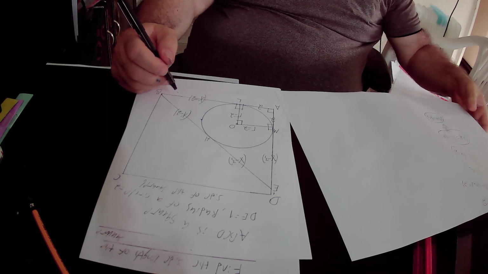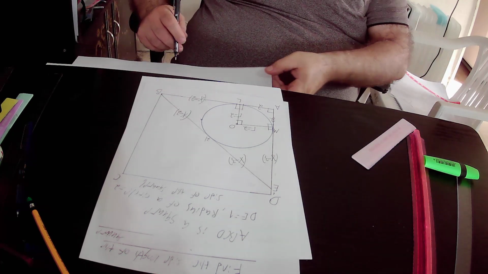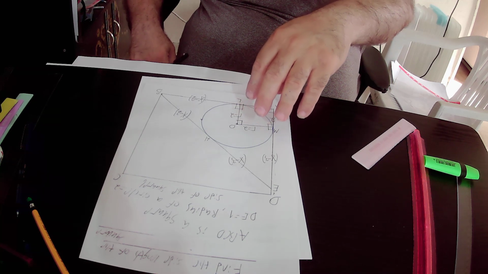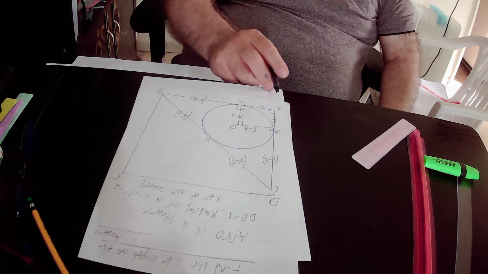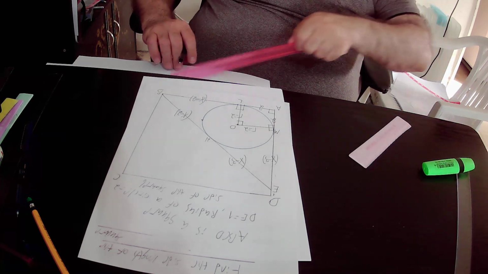So we actually know that triangle EAB is a right triangle because angle EAB equals 90 degrees.